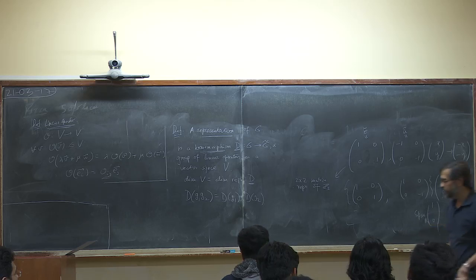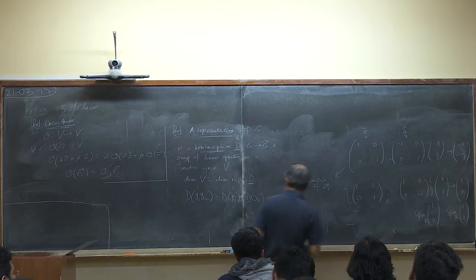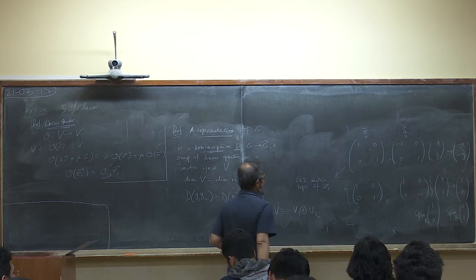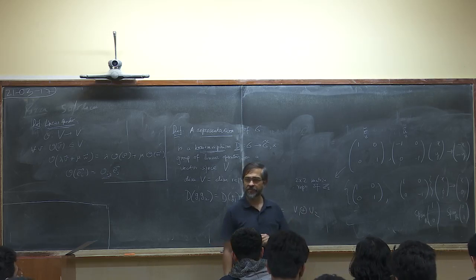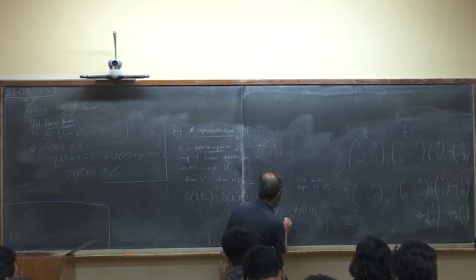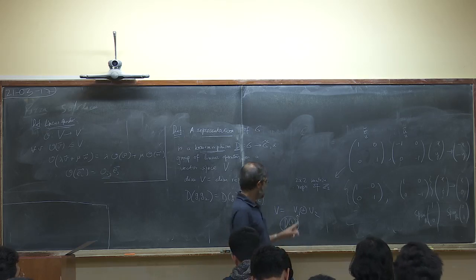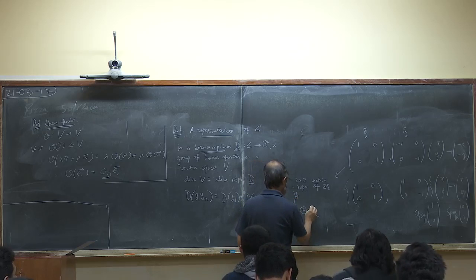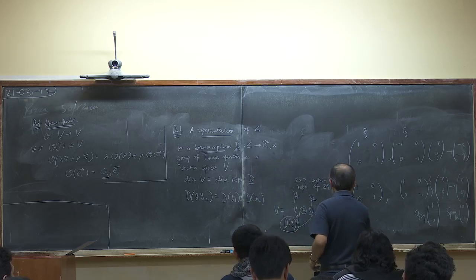More generally, if it so happens that a vector space can be split as a direct sum of two vector subspaces such that the group representation, this B of G, acts separately on this, sends B1 to B1 and acts on B2 and sends it to B2, then the matrices all have a block diagonal structure.